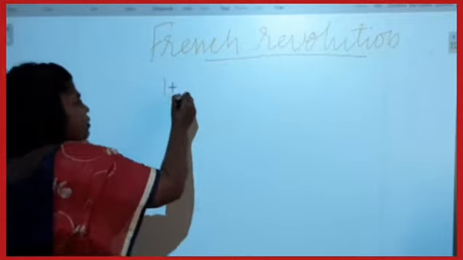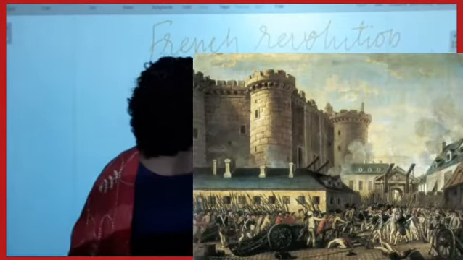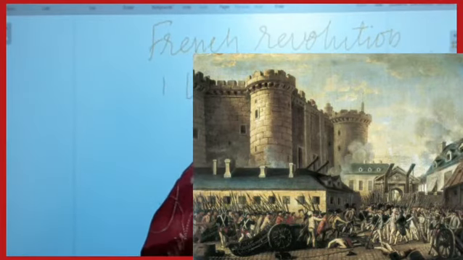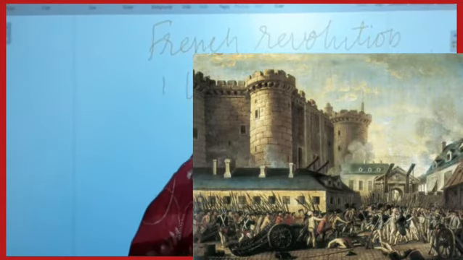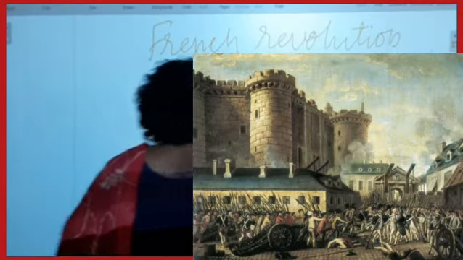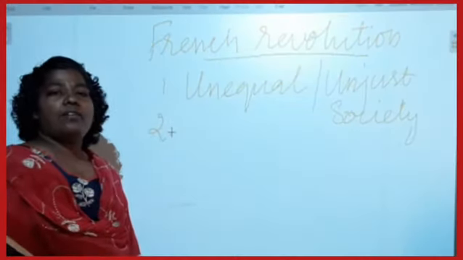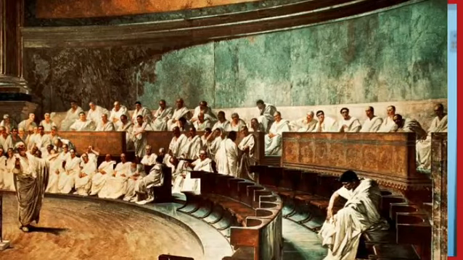Okay, what was the first point? Unequal or unjust society. Okay, the second point is the growing power of the middle class.